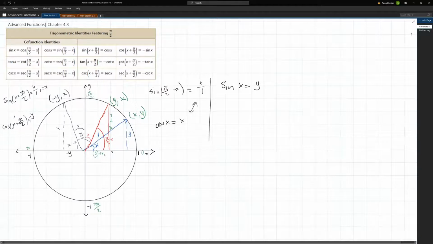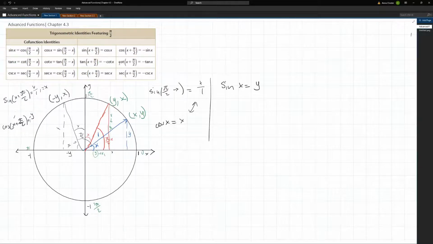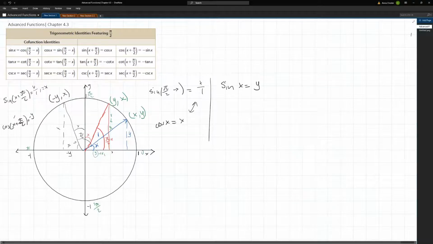Lastly, the secant and the cosecant. Again, what we have here is just the inverse of what we were getting before. But let's analyze it a little bit better. So for example here, the cosecant of x is actually 1 over the sine of x, which we know is y, which is equal to 1 over y.